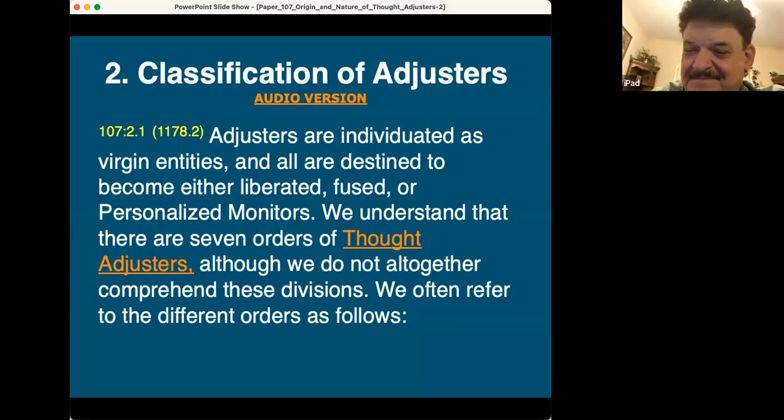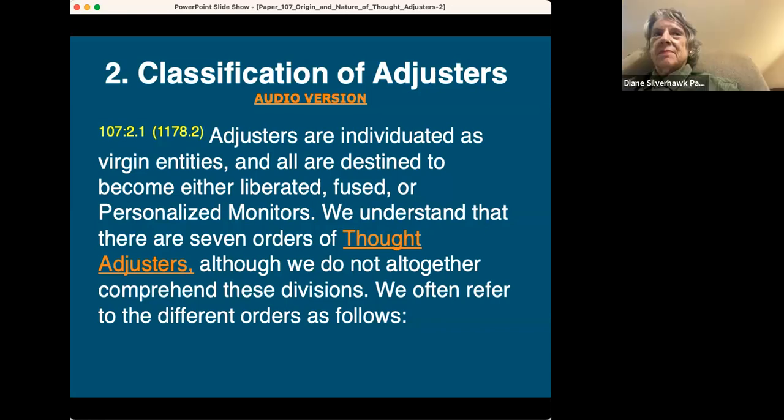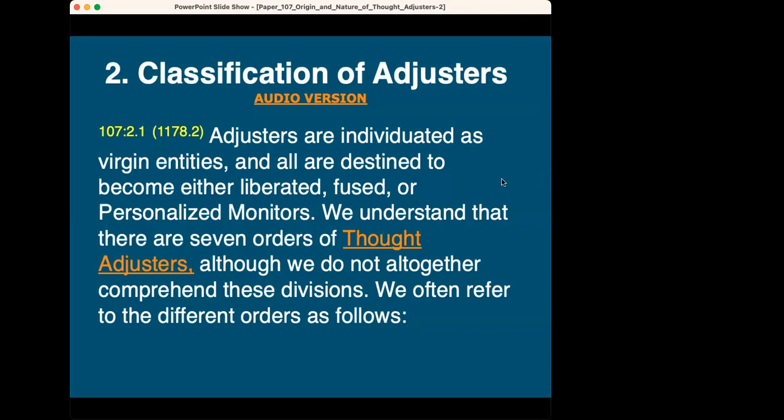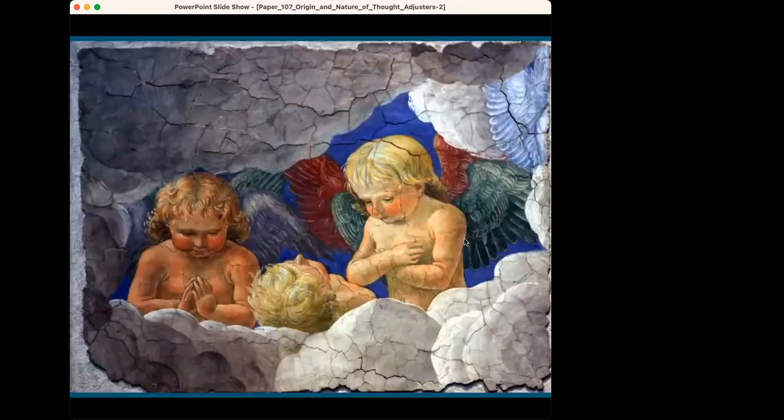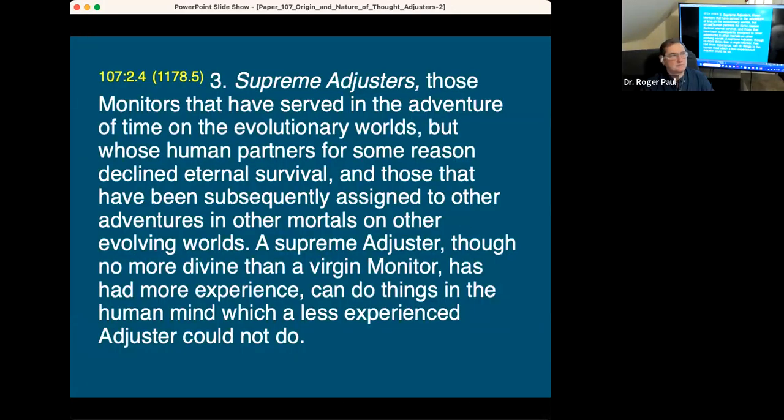If everything worked like it's supposed to, that should be the case, but that seems to be not the case. We were on Supreme Adjusters.